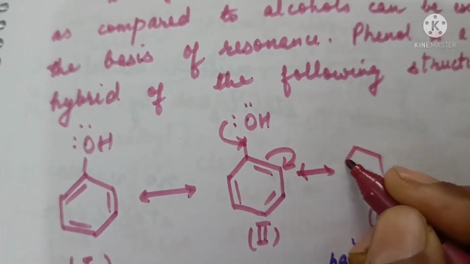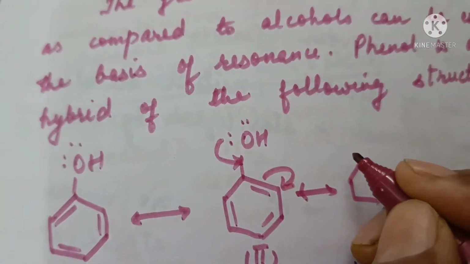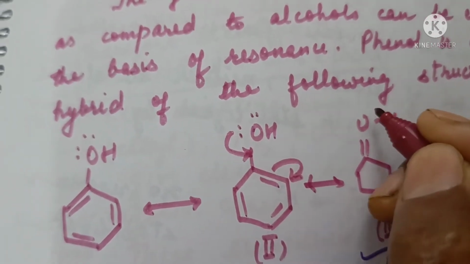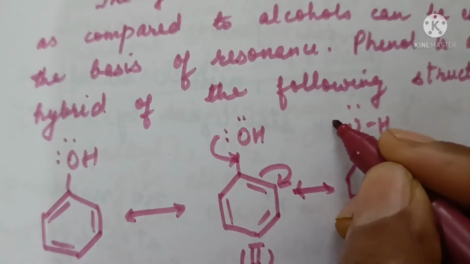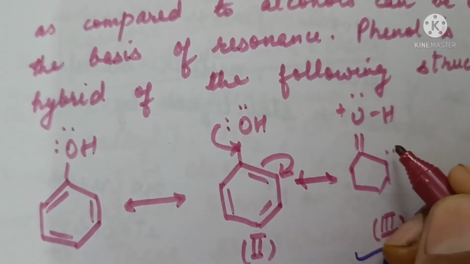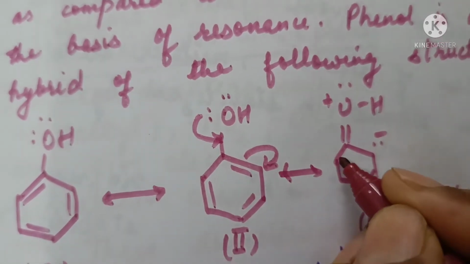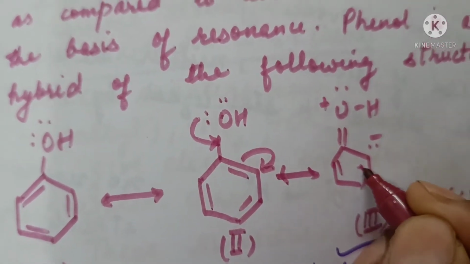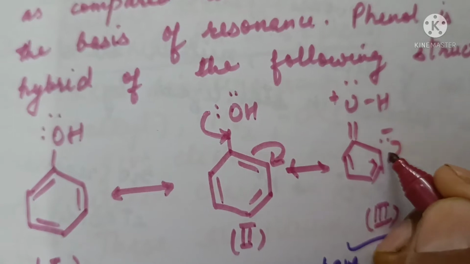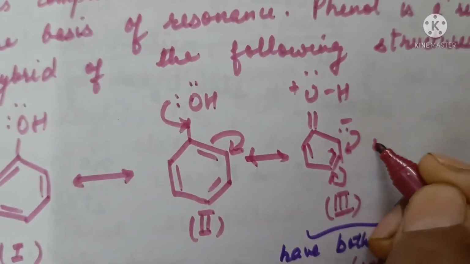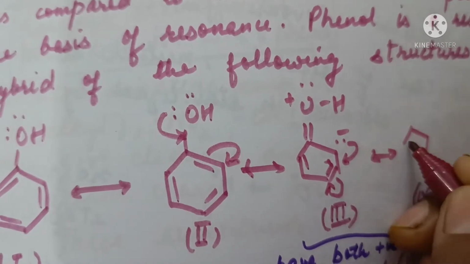So in structure 3, we see that there is a positive charge on the oxygen atom, negative charge on this atom, and 2 bonds over here. In the next structure, these electrons move to this side, these electrons move to this carbon atom. So we get structure number 4.